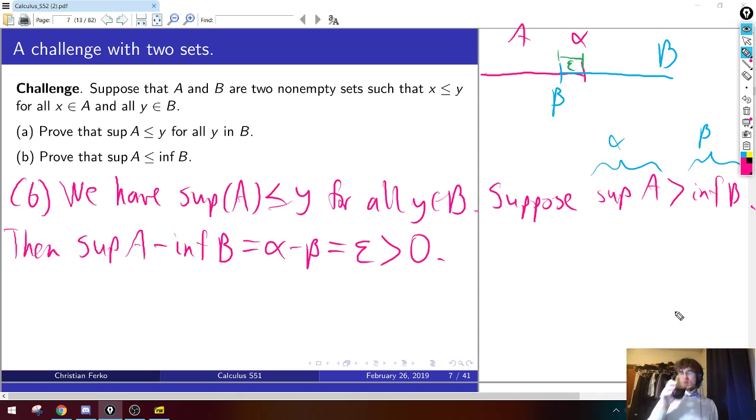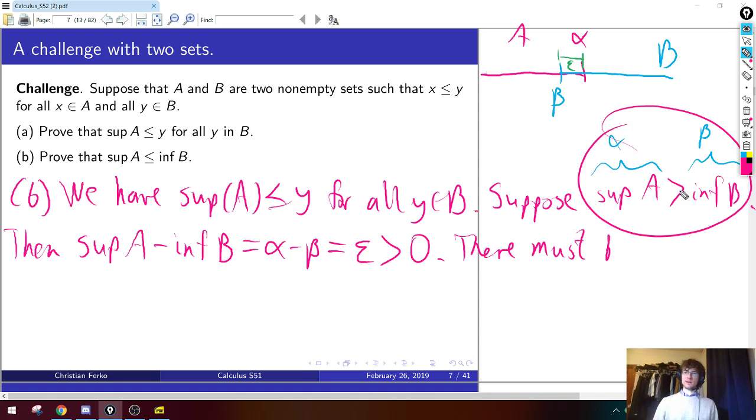It must be true that alpha is greater than beta. Well, that's what we assumed up here, alpha greater than beta, for contradiction.